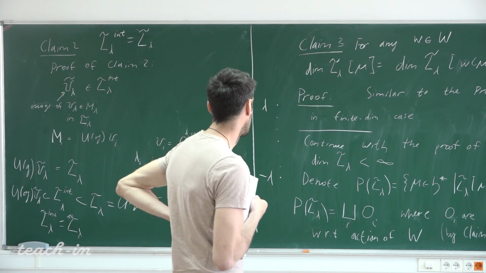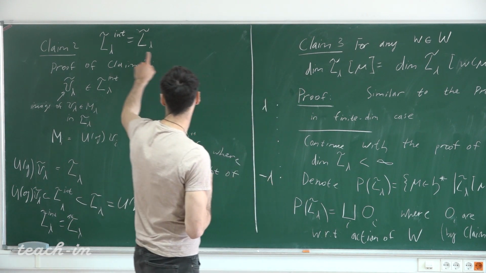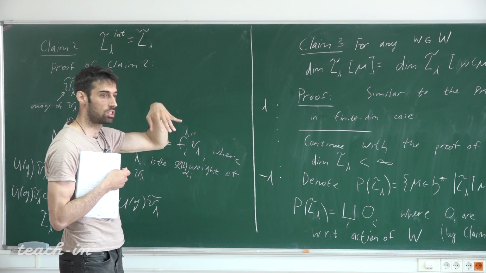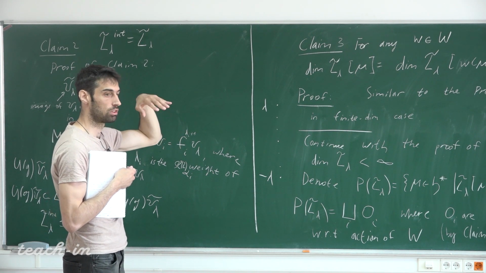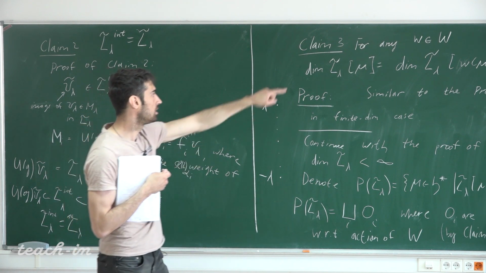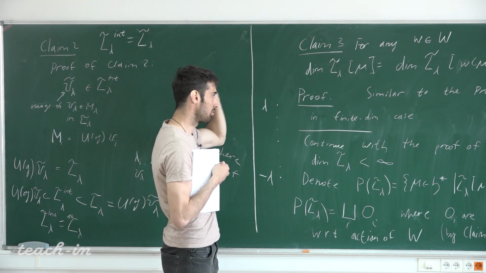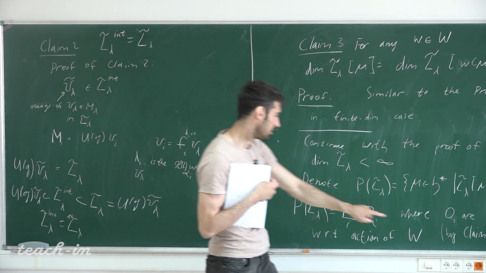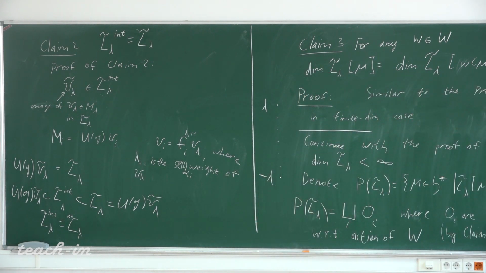No, I used that to prove claim 3. So this actually means that every vector of L lambda belongs to a finite dimensional representation of SL2 alpha i. And that I need for claim 3. So claim 3 follows from claim 2. But claim 3 I need in here. Okay.